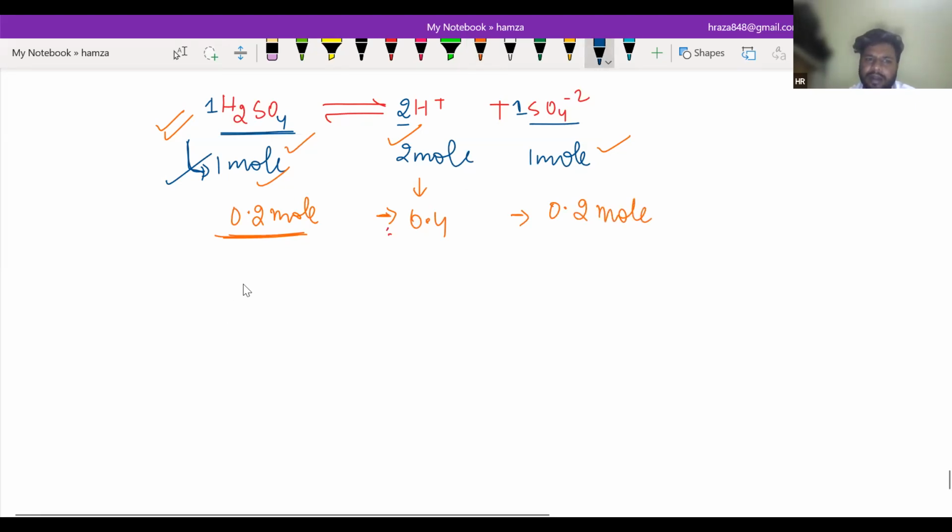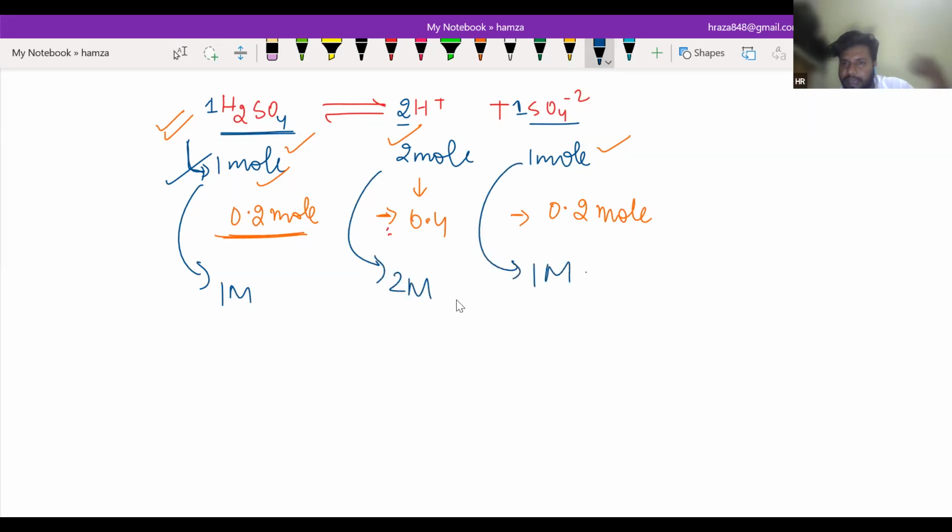In the same way, what I did, 1 molarity I take for general, it will form 2 molarity, it will form 1 molarity. But actually, this is for general information, for generalization. But we had only 0.2 M H2SO4.